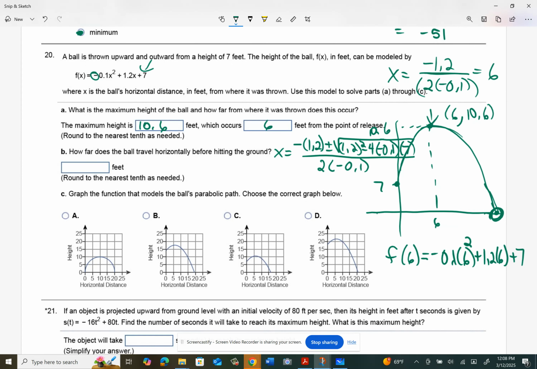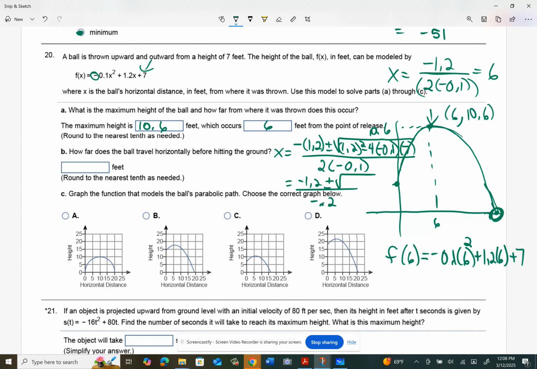Okay? So be careful working that out. So here we're going to wind up having negative 1.2. Down in the denominator, we wind up having negative 0.2. Okay, then we have plus or minus, and then under the radical, I'm going to work all of that out.